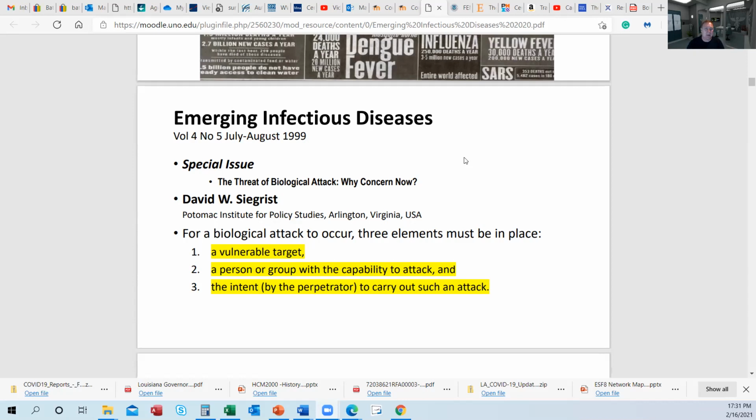It is important to be able to distinguish between what is a purposeful release of an infectious disease and what's an accidental release.